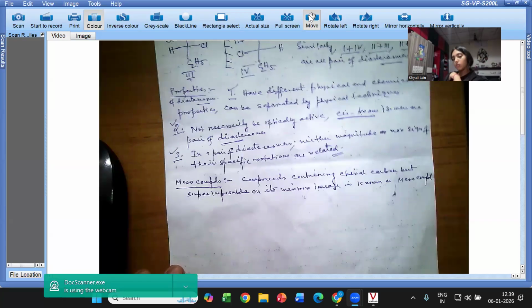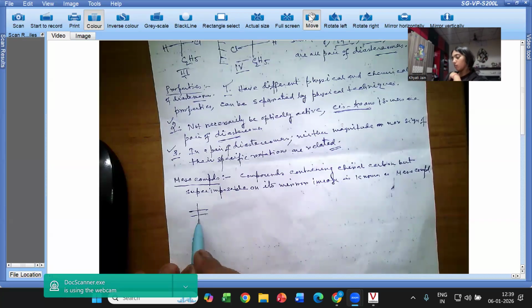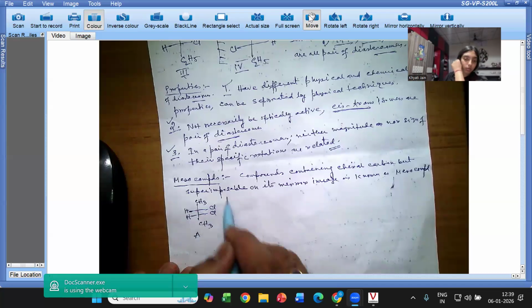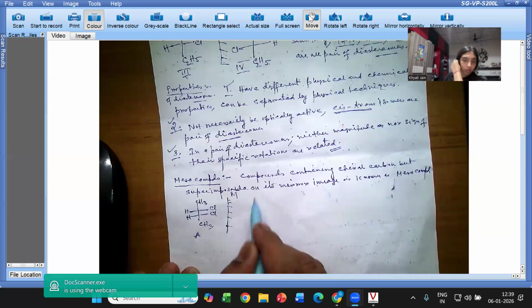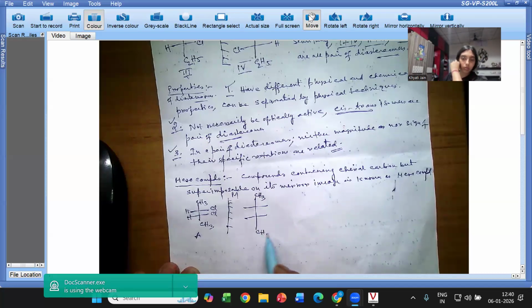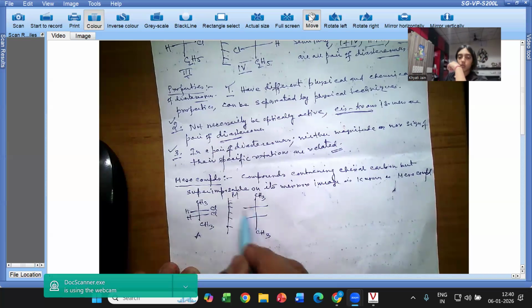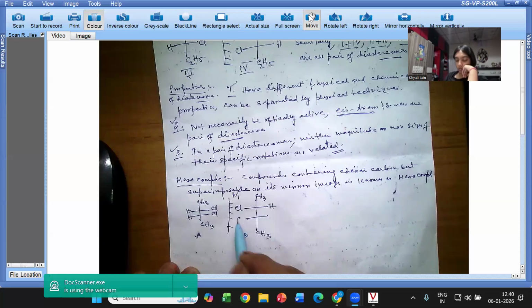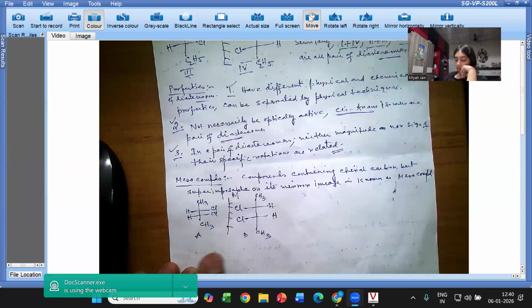Let's see the example. Suppose you take CH3, CHCl, CHCl, CH3 as A, the mirror, and CH3, CHCl, CHCl, CH3 as B. If you see, A is superimposable on B by rotation of 180 degrees in the plane of the paper.